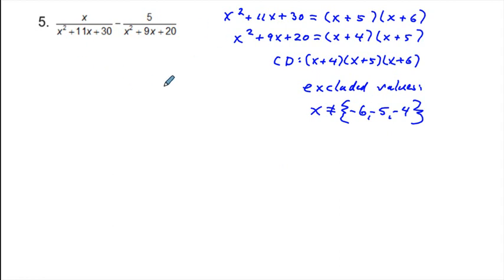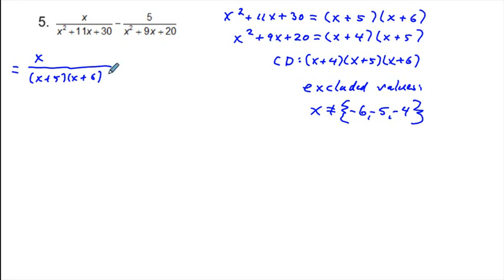Okay, let's go ahead and rewrite this expression here. So we're going to rewrite x over, let me leave myself a little more room here, I'll go far left here, x over x plus 5, x plus 6.